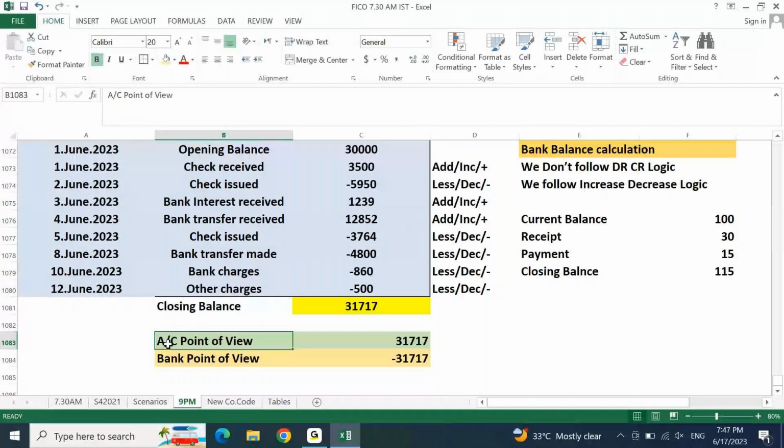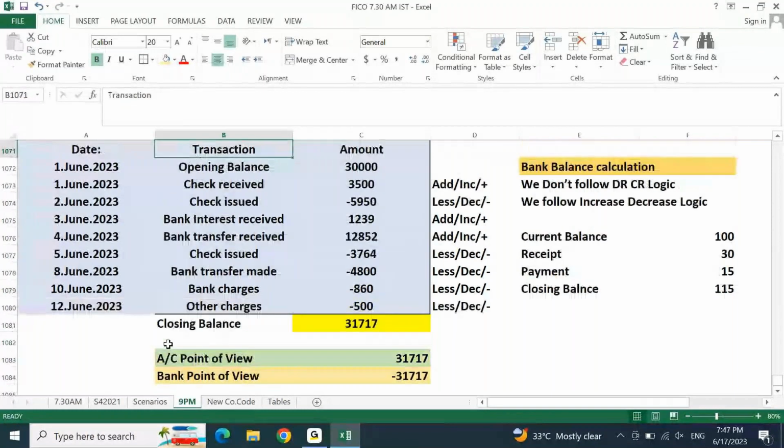Any doubt in this closing balance calculation, and the number we have listed according to bank and according to accounting, one side positive, the other side negative? Any question you can ask on this calculation part?